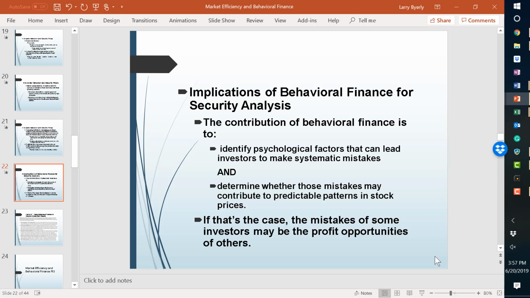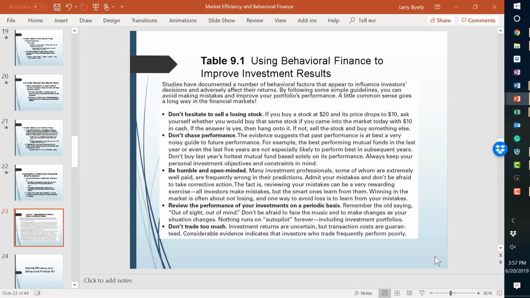In other words, if we can identify these mistakes that people make, and then turn that into a prediction of what should happen given that mistake, we now have opportunities for profits that wouldn't be available in a truly systematic, theoretically moving environment.